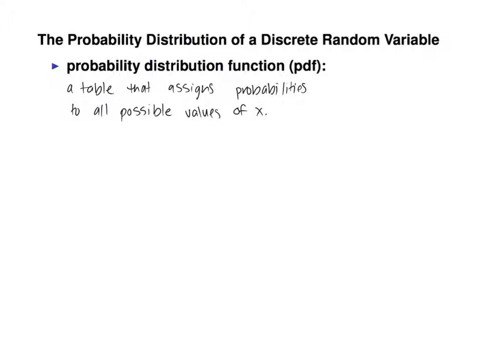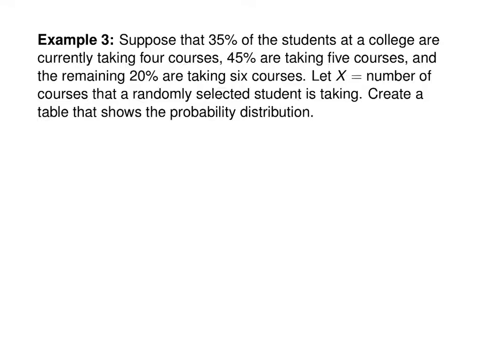Like in this example: we have a random college, and our random variable X is the number of courses a random student is taking. So we'll have P(X = k), where k is the number of courses.